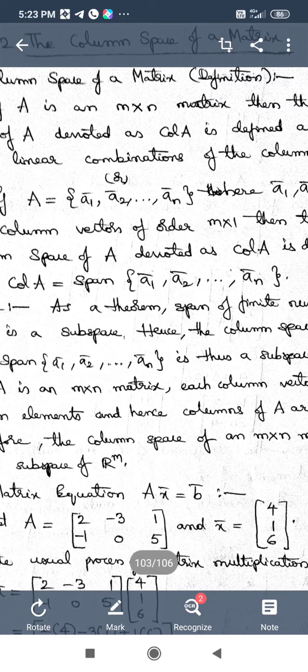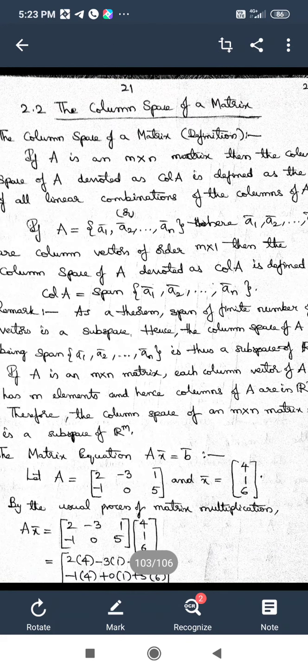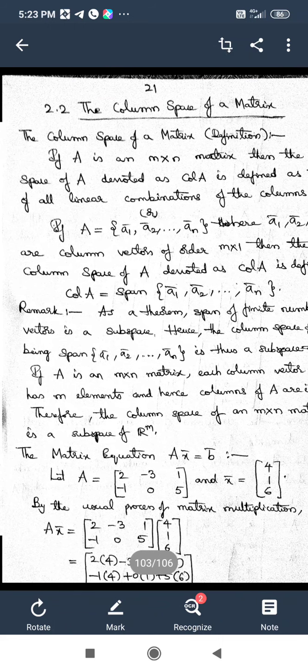Here we should understand that span of a1 bar, a2 bar, so on an bar is nothing but the set of linear combinations of a1 bar, a2 bar, so on an bar.